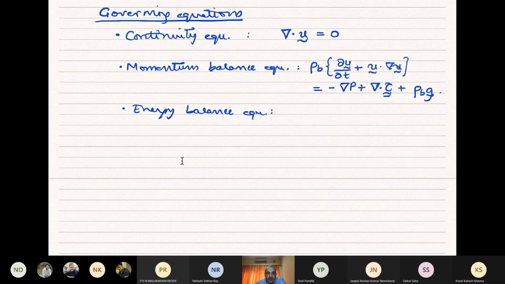And in this one, what you will get is 3 by 2 rho bulk into (del T by del t plus U dot gradient of T) is just equal to this is the thing that you have.